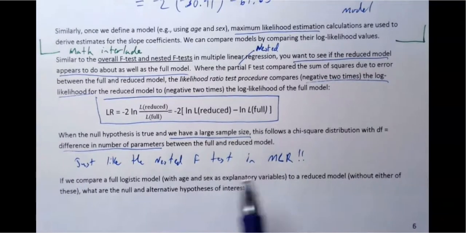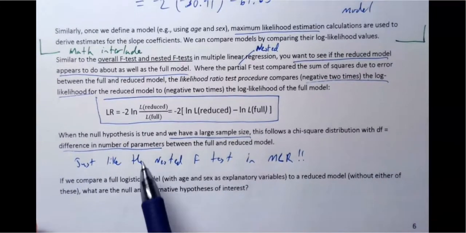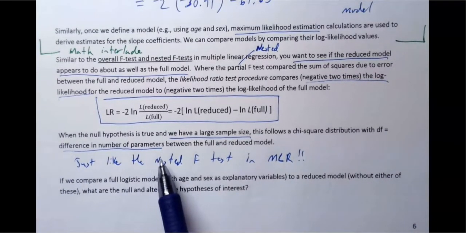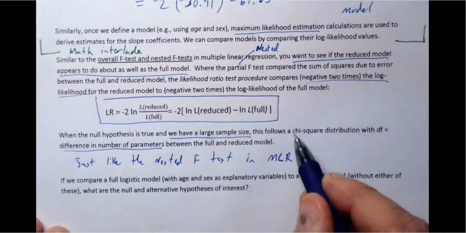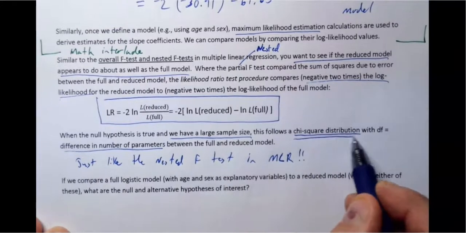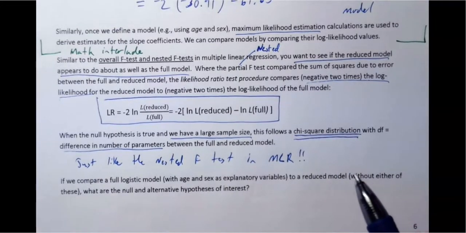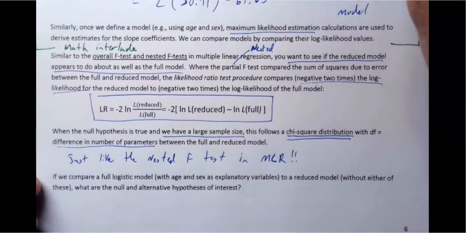So again, the degrees of freedom is the difference in the number of parameters between the full and the reduced model. It follows a chi-squared distribution instead of an F distribution, and you might remember something about the chi-squared distribution from Stats 212, but basically it looks a lot like an F distribution, but it only has 1 degree of freedom. We don't have to worry about the numerator and denominator degrees of freedom. It has 1 degree of freedom, and the degrees of freedom are the difference in the number of parameters between the full and reduced model.